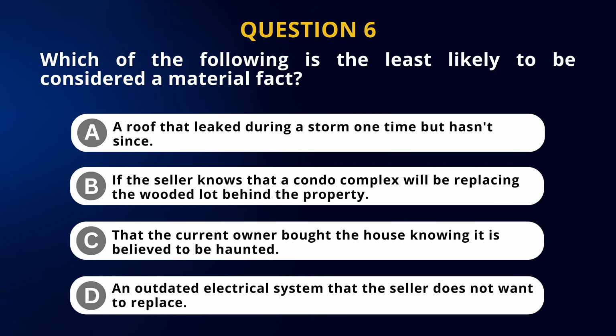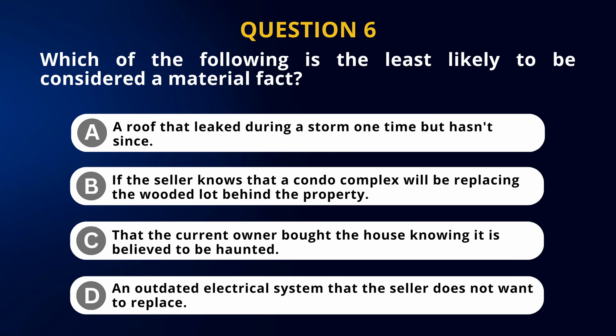Question number 6. Which of the following is the least likely to be considered a material fact? Letter A, a roof that leaked during a storm one time but hasn't since. Letter B, if the seller knows that a condo complex will be replacing the wooded lot behind the property. Letter C, that the current owners bought the house knowing it is believed to be haunted.